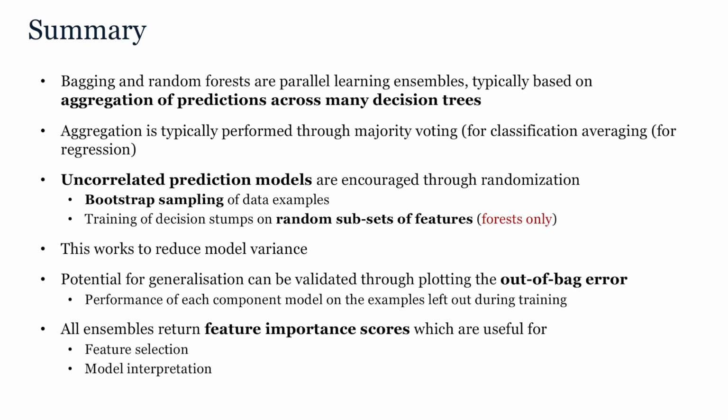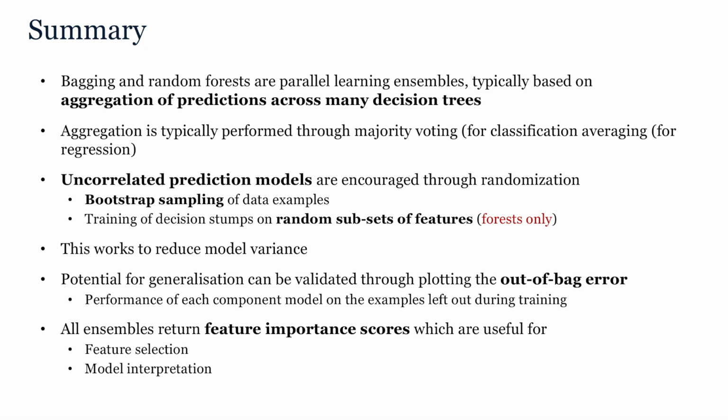Both approaches do this through bootstrap sampling of the datasets. Random forest also trains decision stumps on random subsets of the features. Together, these work to decorrelate predictions and reduce model variance by averaging away the impact of isolated errors.